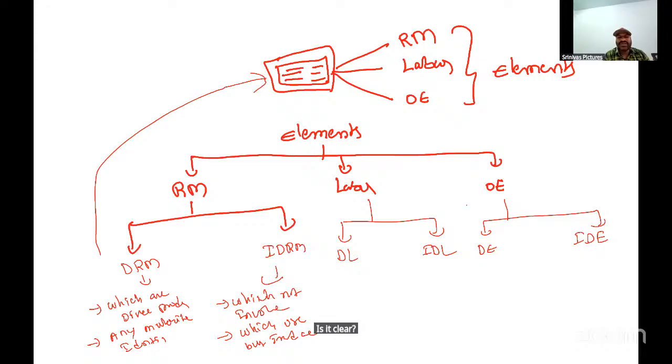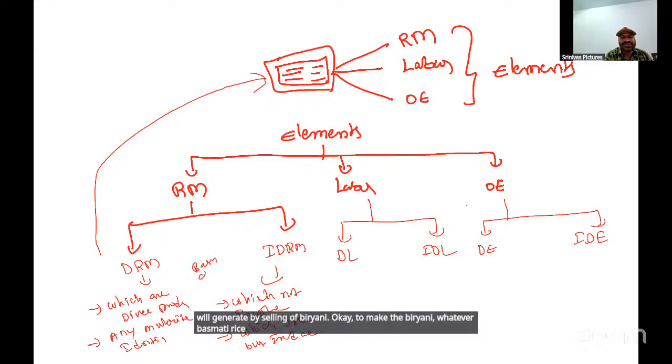See, I'll give one example. One person is maintaining a hotel. His main revenue is generated by selling biryani. To make the biryani, basmati rice is used, chicken is used, and a chef also works.